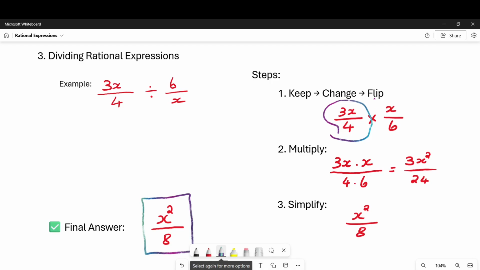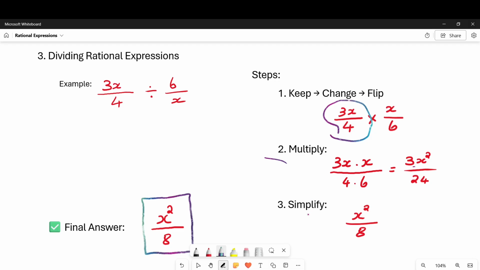Then what to do next is flip. Flip means the next term, 6 by x, should be flipped, and we call it the reciprocal. So we multiply with the reciprocal. So we directly multiply 3x times x and 4 times 6. Then the next step is multiply: 3x times x is 3x squared and 4 times 6 is 24.